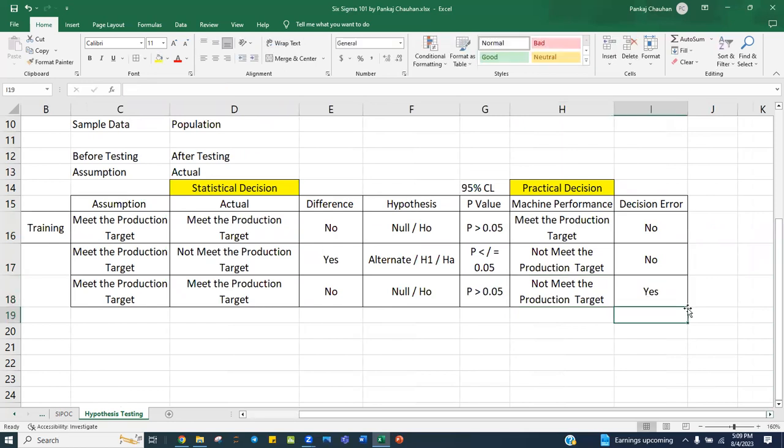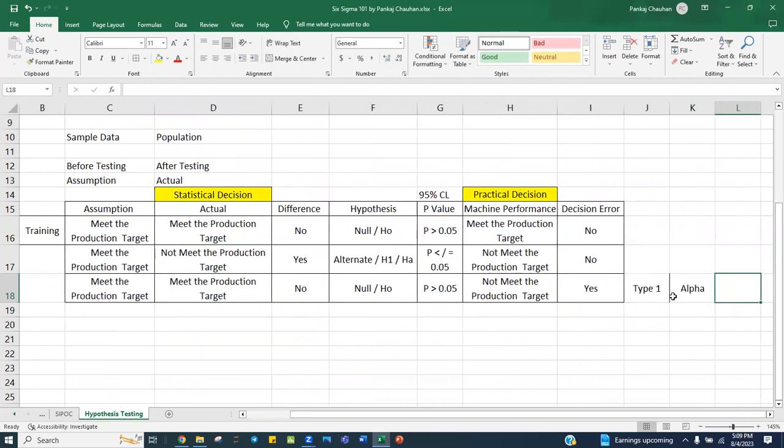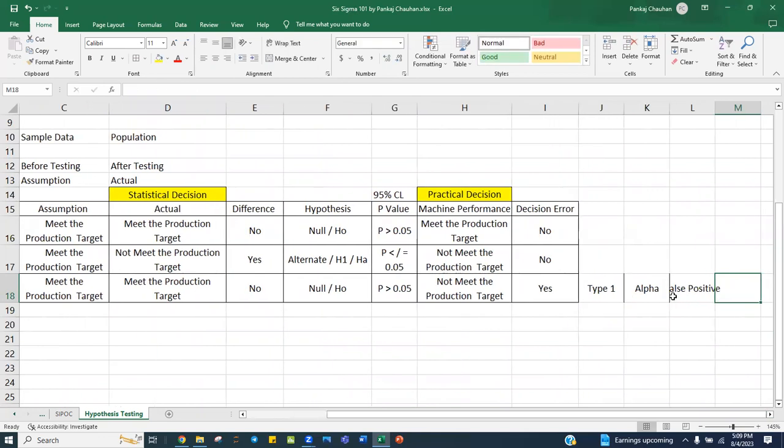The answer is yes. And this kind of decision error is called a type 1 error. Sometimes we call this an alpha error. Sometimes this is called a false positive, or this is also called a producer risk. These are the different names for a type 1 error.